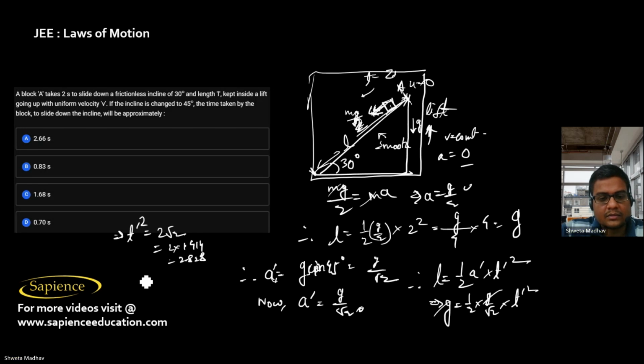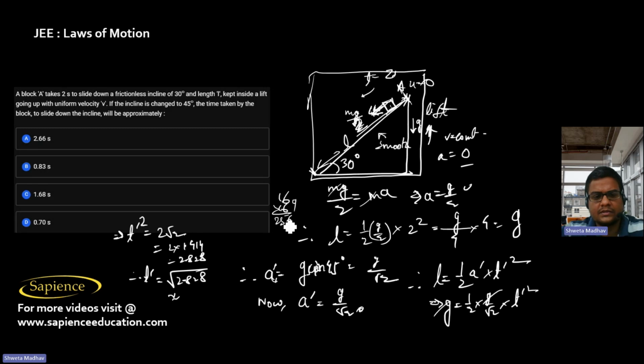So therefore t dash will be equal to square root of 2.828, which is approximately, 15 square is 225, 16 square is 256, and 17 square is 289.